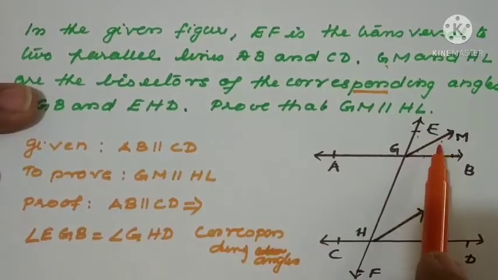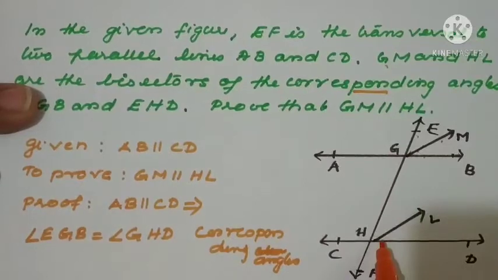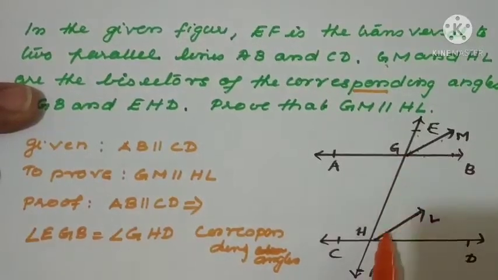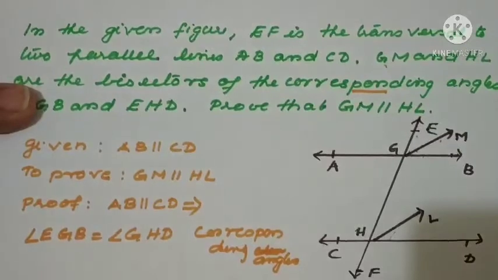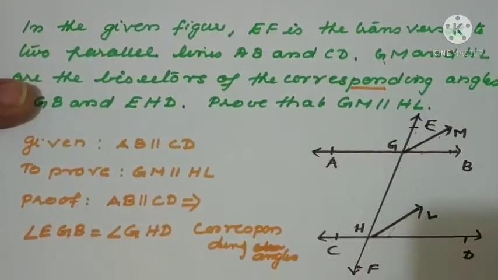EGM, right? Below the line MGH is coming, right? So these two are corresponding angles for the second line, GHL and similarly LHF, right? So we have already angle EGB equal to angle GHD, right?